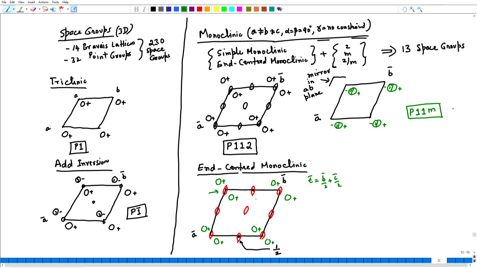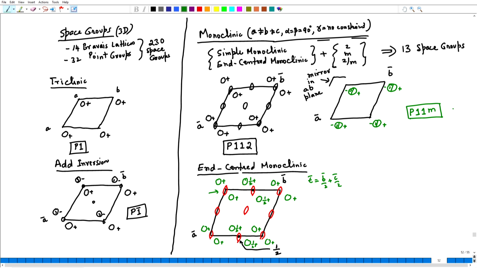So, go half out here and then half along B and then go up half along C. As a result, the way to indicate this would be to say that half plus, indicating that this particular motif is halfway up as compared to the motif we started with. 180 degree rotation will take this and bring it here, and you can see that the same thing will happen out here, and 180 degree rotation. So, this is how the motifs are going to be generated.